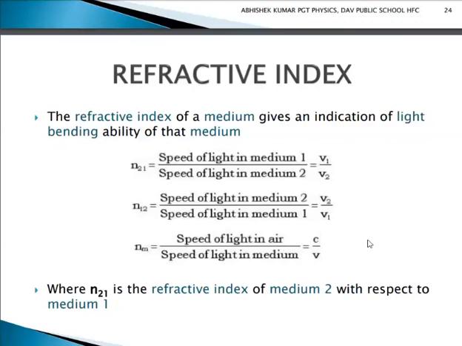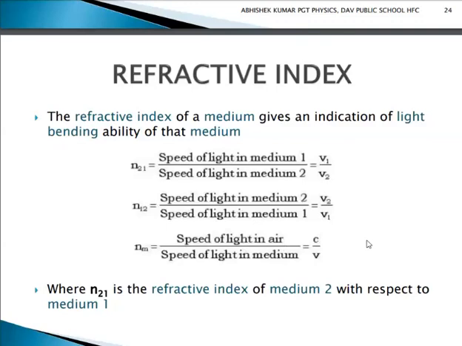Now, the next thing is absolute refractive index. There we will talk about two refractive indices, relative refractive index and absolute refractive index. The absolute refractive index of a medium is defined as the refractive index of the medium with respect to vacuum or air.